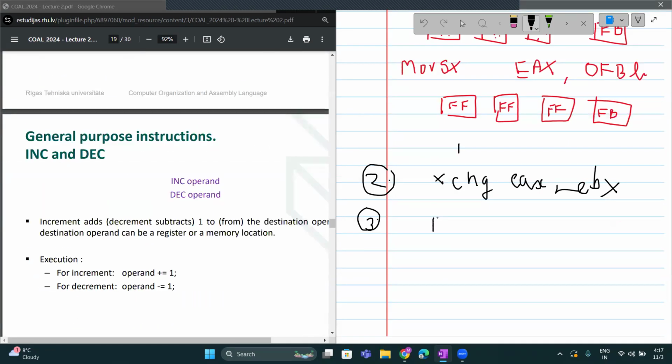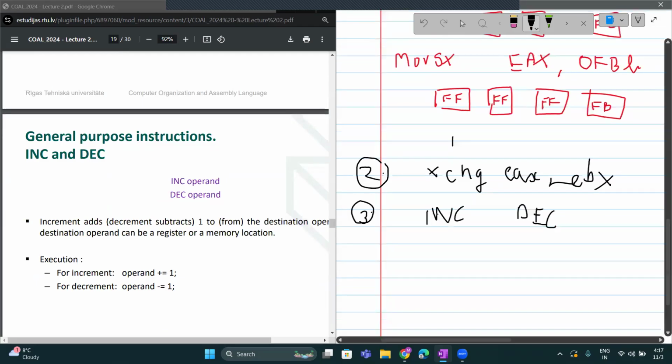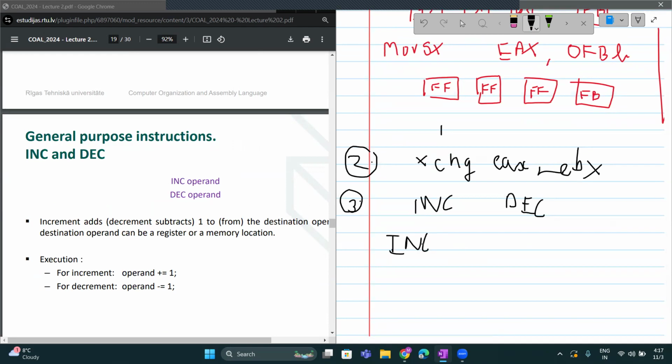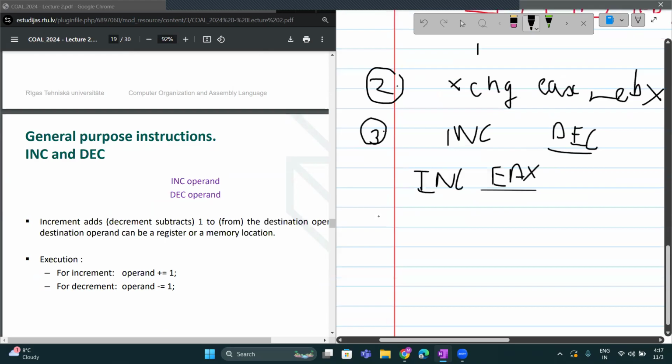Now let's go to increment and decrement. Increment operand means it will increase whatever is written here by 1. So if there is EAX, it will increase the EAX value by 1. And similarly with decrement.